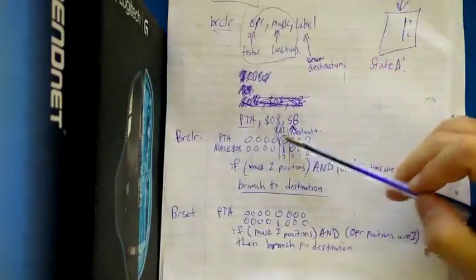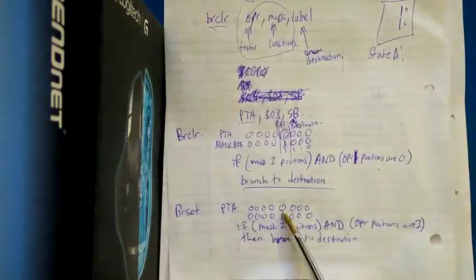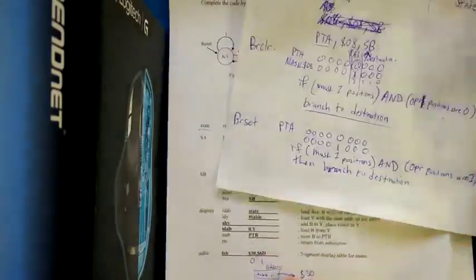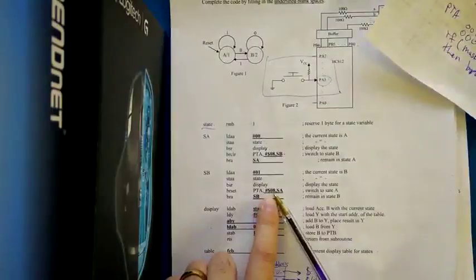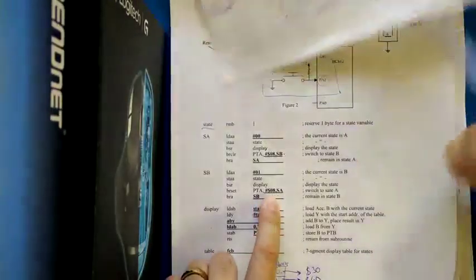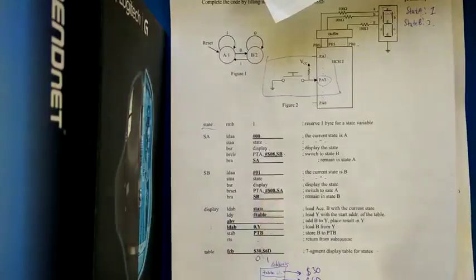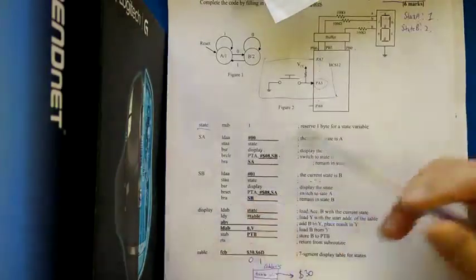If this guy is clear and your command was branch if set and it's not set, it's 0, then it's going to just go to the next line. So in here, branch set 0008, let's say it's not set, then we're just going to go down to branch B, SB.